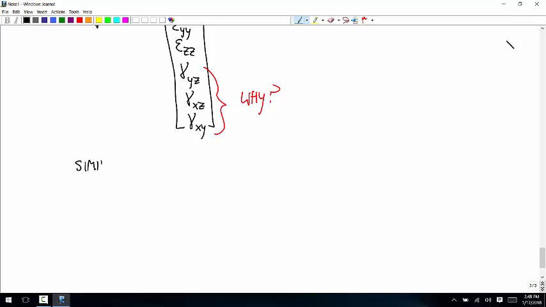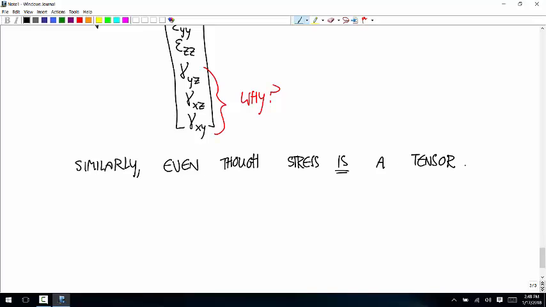Similarly, even though stress is a tensor, it does have the rotational properties of a tensor, we're often going to use Voigt stress, and the organization of that is exactly the same as the strain.